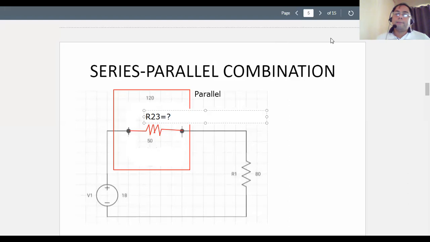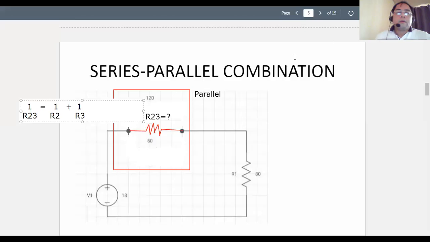So we will apply the parallel principle there. Now, being a circuit that is in parallel, the 50 and 120, we will need to use the reciprocal principle of the parallel connection to be able to get the combined value of the resistance.